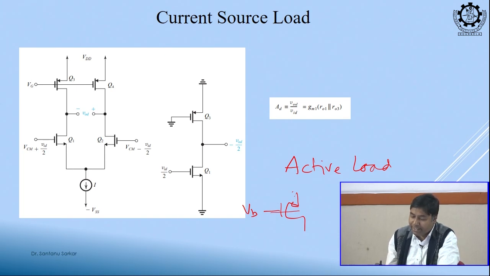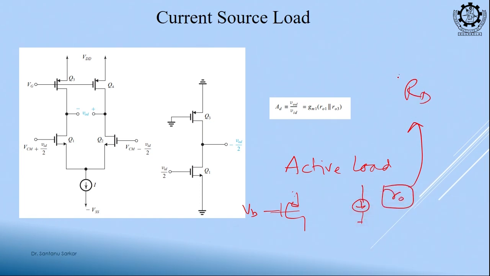And if it behaves like a current source, I have a high output impedance. This R naught will replace this RD. You see, these two MOSFETs are identical, and they are connected to a fixed voltage. So, they will behave like a current source, and we can consider that they have an R naught. So, this R naught will now replace my RD.